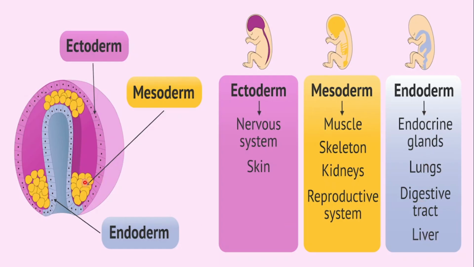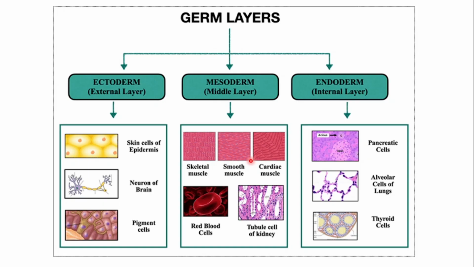Then we have the mesoderm layer, which is also a germ layer, and it's going to eventually develop into muscles, skeletons, kidneys, reproductive system. And then we have the ectoderm layer, and its cells are going to develop into the nervous system and the skin. So when you think about these germ layers, the ectoderm, the mesoderm, and the endoderm, think about these germ layers as raw materials that are going to eventually develop into different parts of the body.